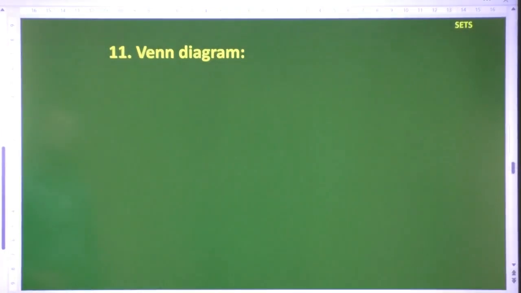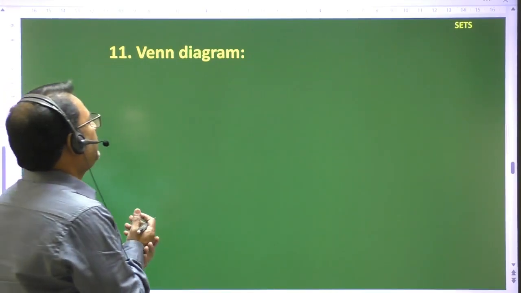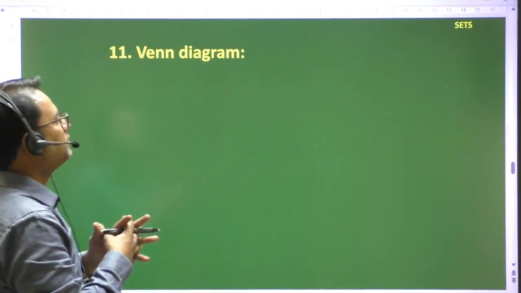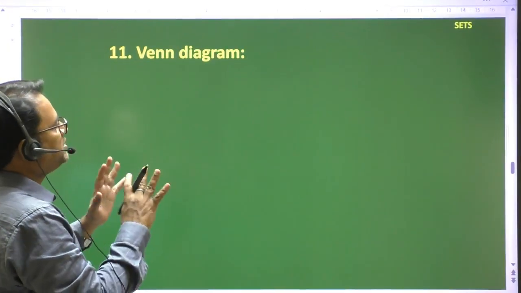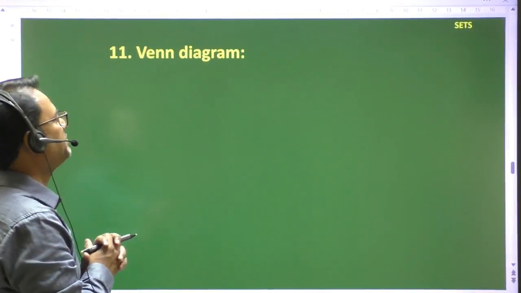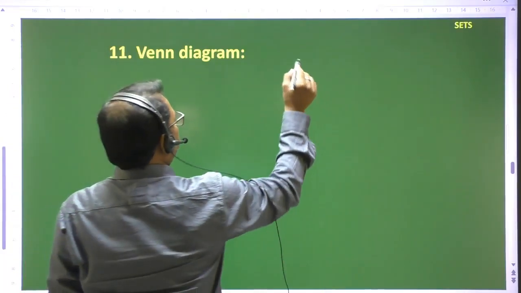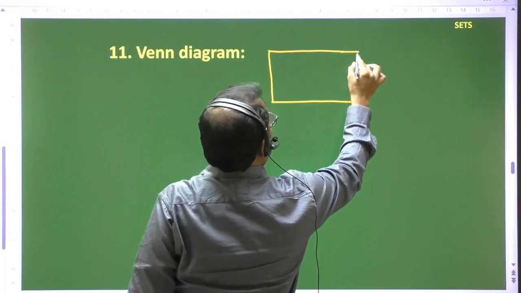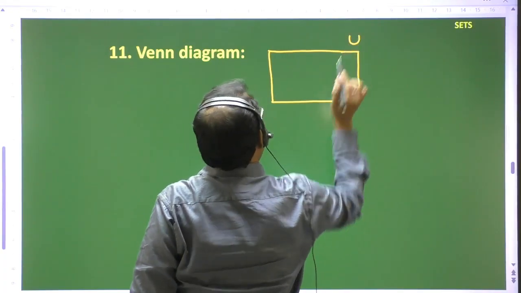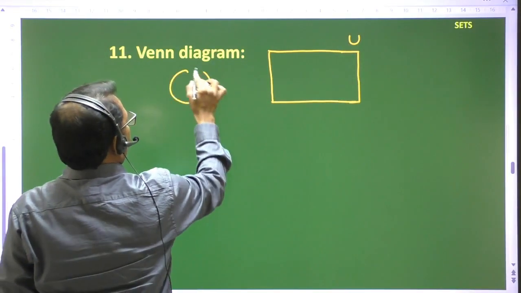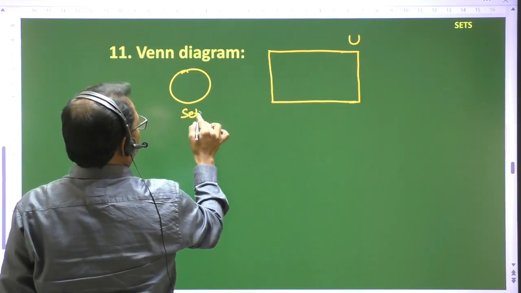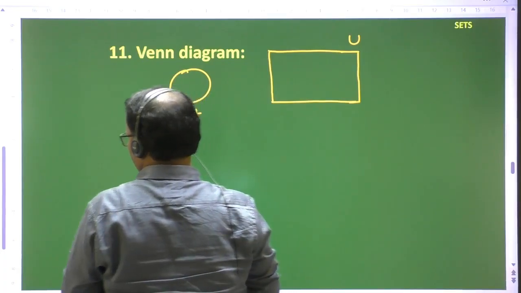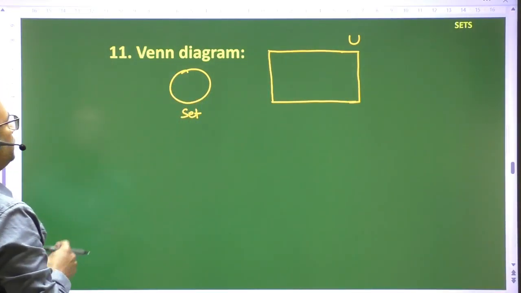Now next is the Venn diagram. In a Venn diagram, we represent sets in pictorial form, that is, in picture form. Generally we use a rectangle for the universal set, and for any set we use a circle.